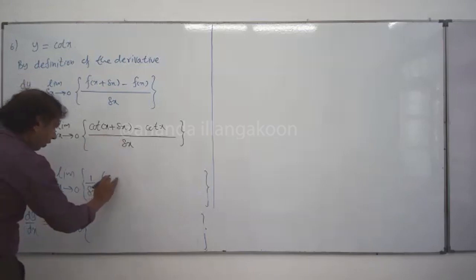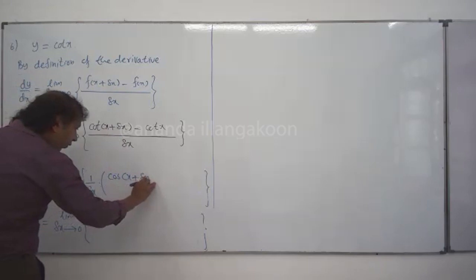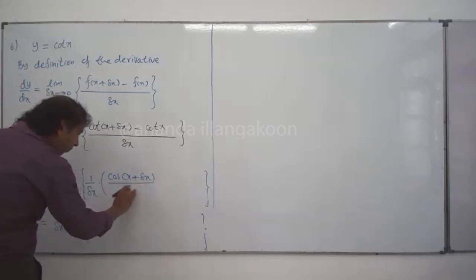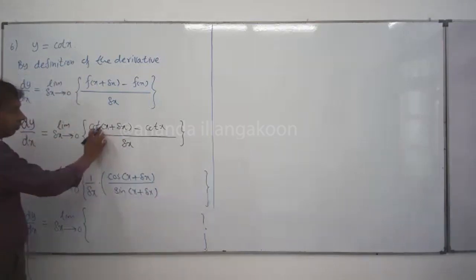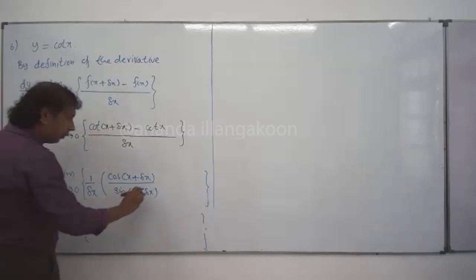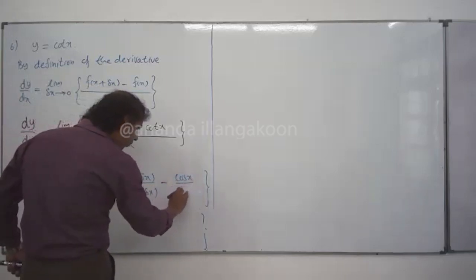Cot of x plus delta x we can write as, cot means cos by sine, no? Cos(x plus delta x) divided by sin(x plus delta x). Here you have cot, no? Cot means cos by sine. Minus cos x by sin x.